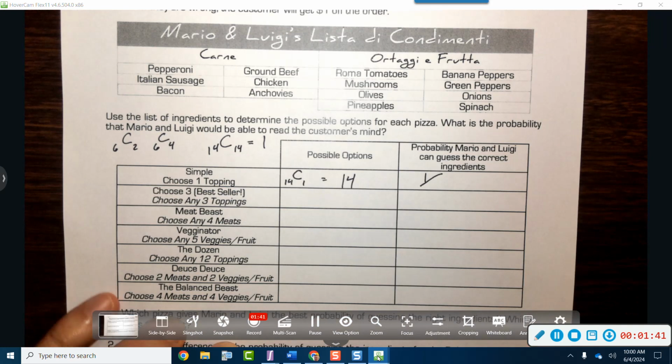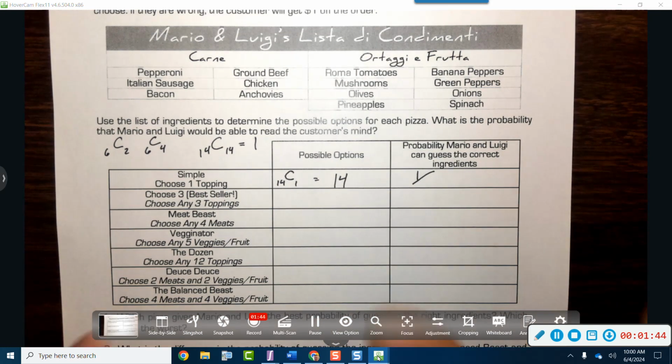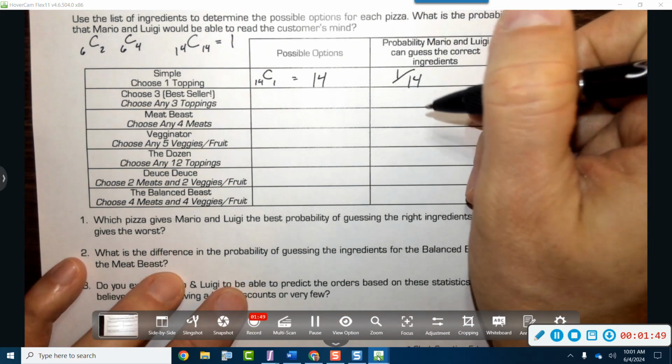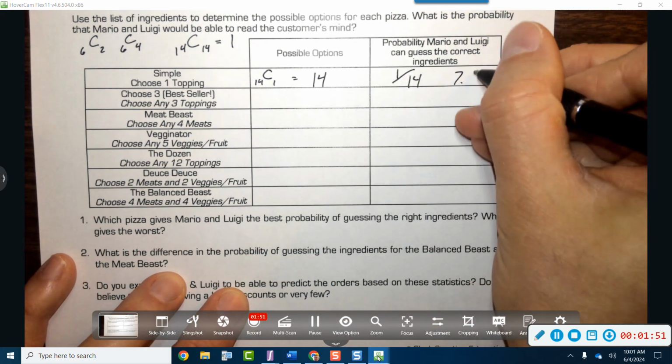It's just the symmetry of the situation. So this would be 1 out of 14, and I do believe that's 7.1%.